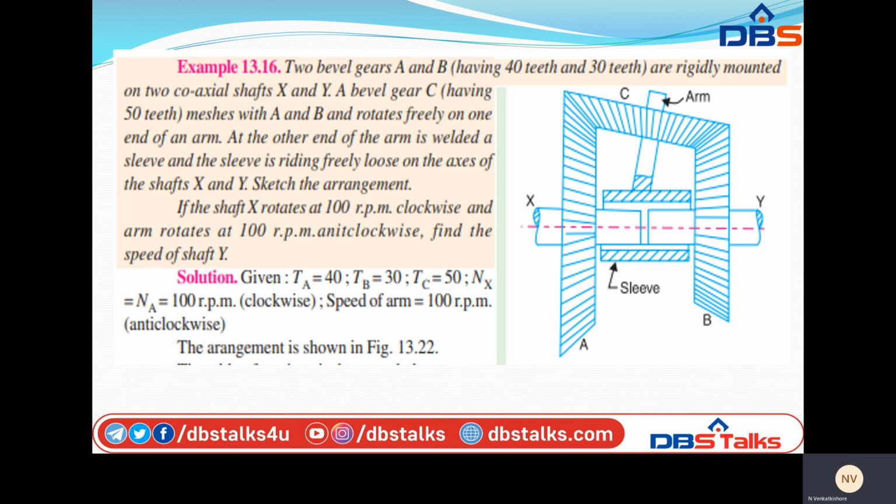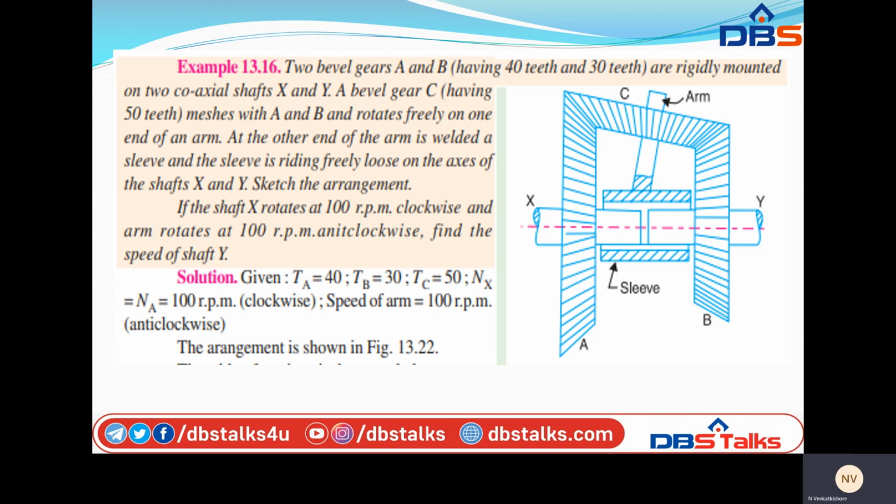And the X and Y are two coaxial shafts. So this setup is arranged over the coaxial X and Y shafts. That means the X shaft and Y shaft have a common axis. So draw a common axis for X and Y, but these two are different.